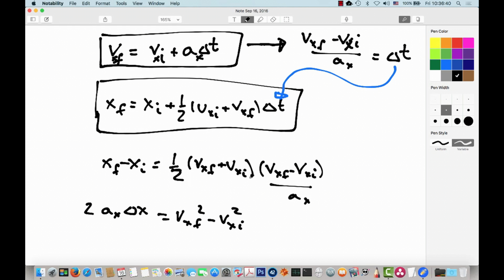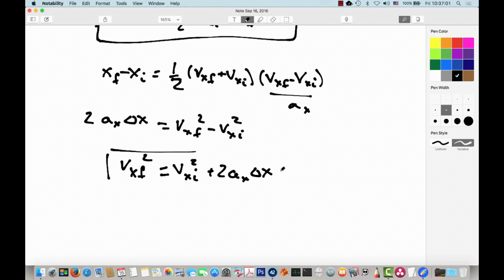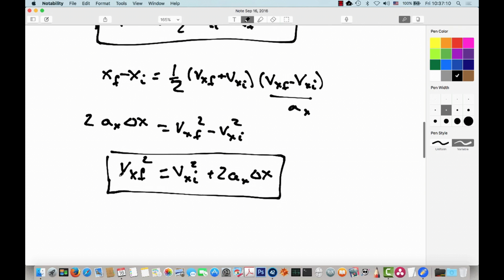When I times those two together, the cross terms cancel. Okay, the usual way we write this is to say vx final squared equals vx initial squared plus 2a sub x delta x.